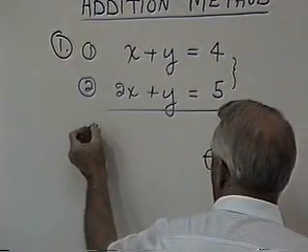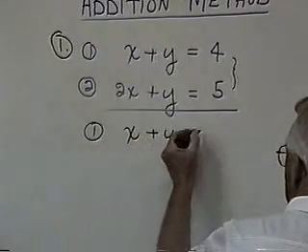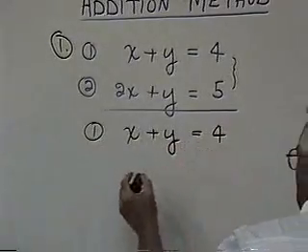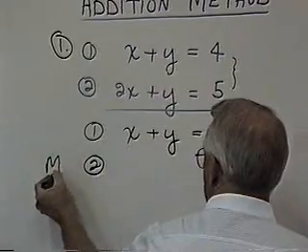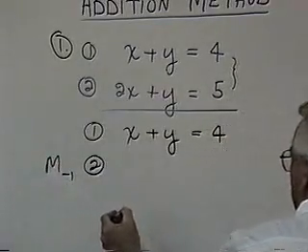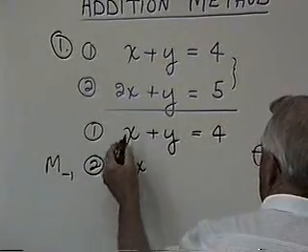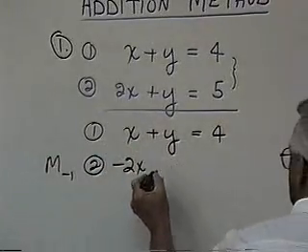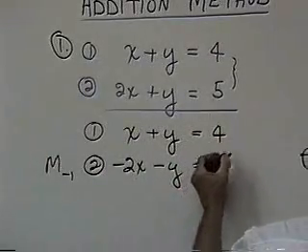We will copy down equation 1 and leave it like it is. And then we'll copy down equation 2, but we'll multiply it by a minus 1. So minus 1 times this is a minus 2x, and a minus 1 times this is a minus y, and a minus 1 times this is a minus 5.